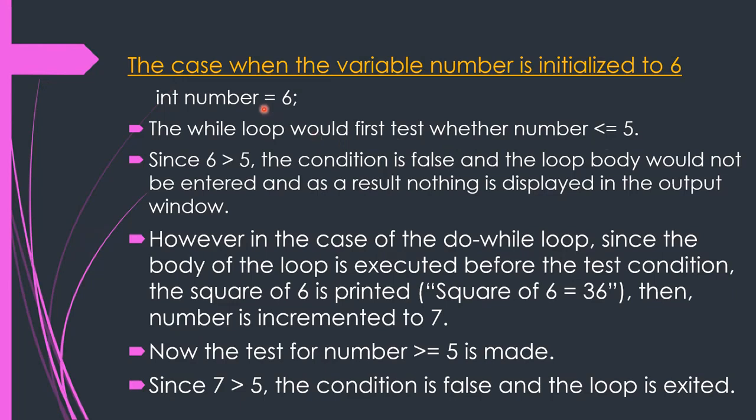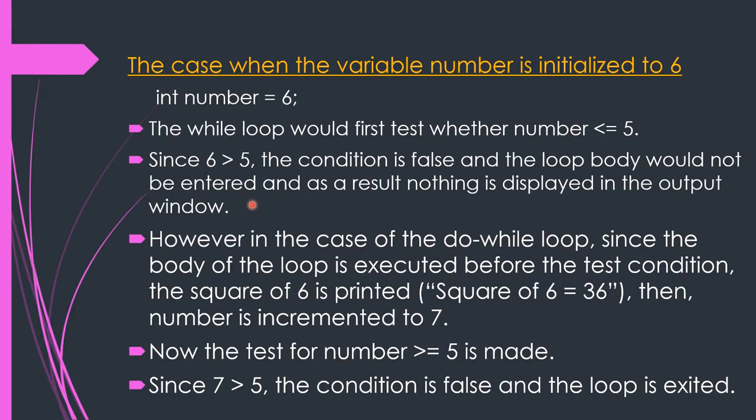Now you can see here we have initialized the number as 6. So is it smaller or greater than 5? Of course, it is greater than 5. This means that this condition is false in this case, and the loop body would not be entered, and as a result, nothing is displayed in the output window.